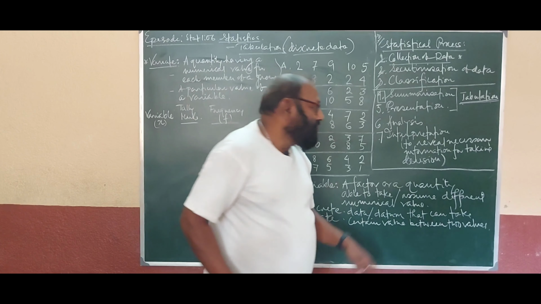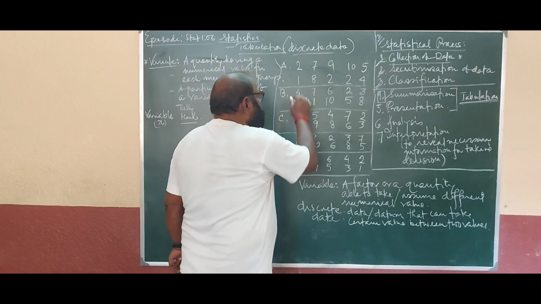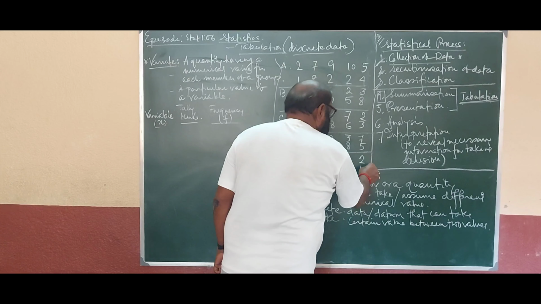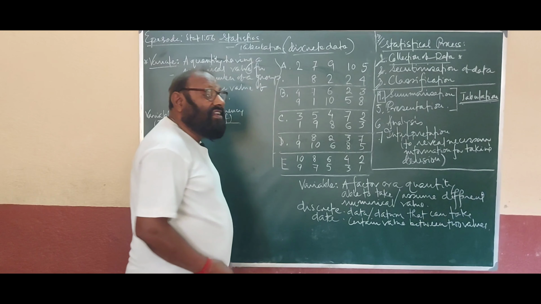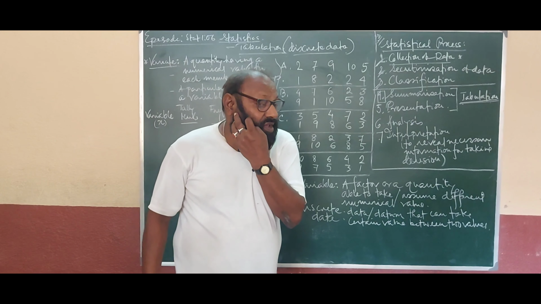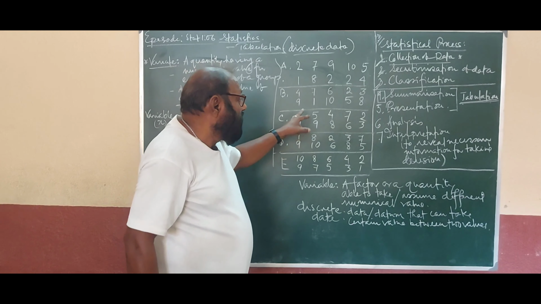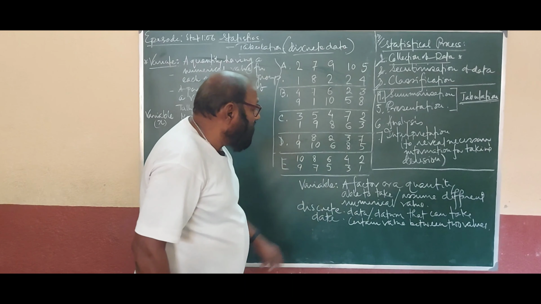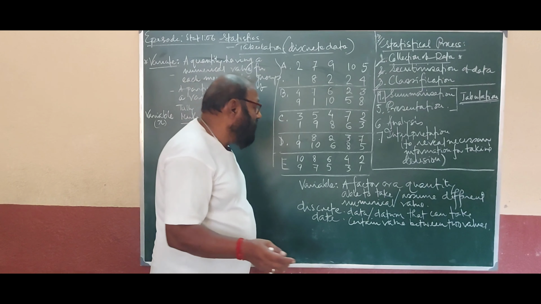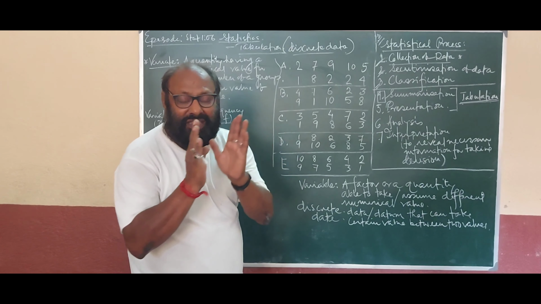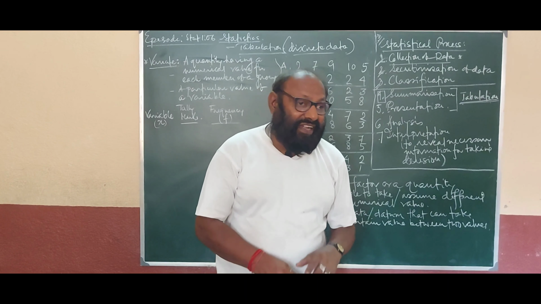This is the total information collected by the different persons, Mr. A, B, C, D and E, and your task is to summarize. I have already told you a very simple discussion on that date.